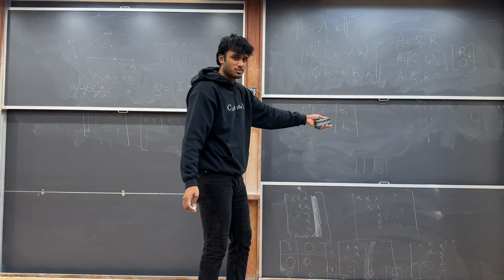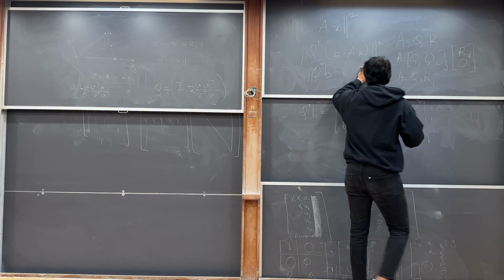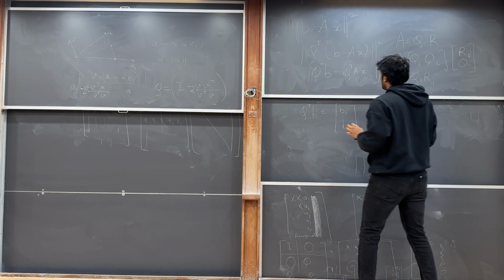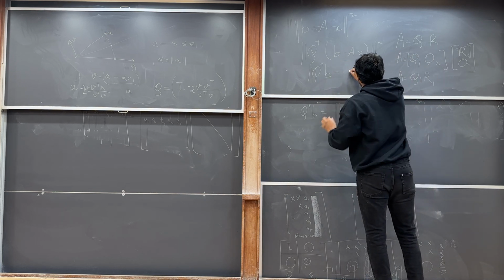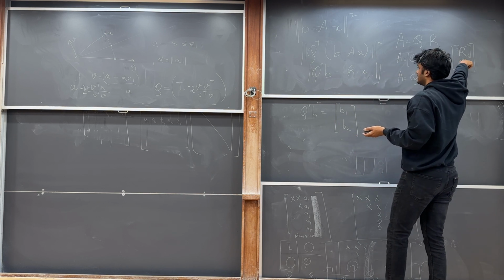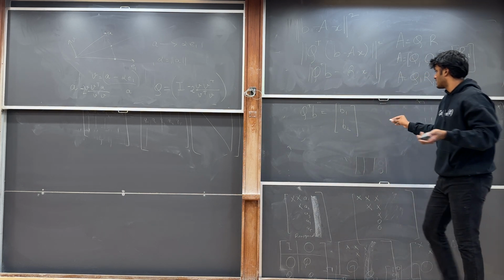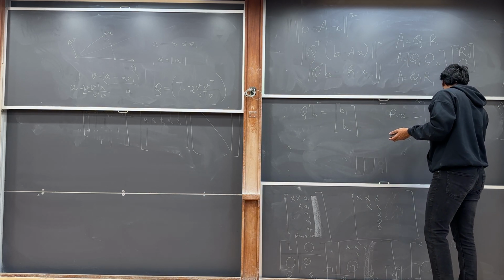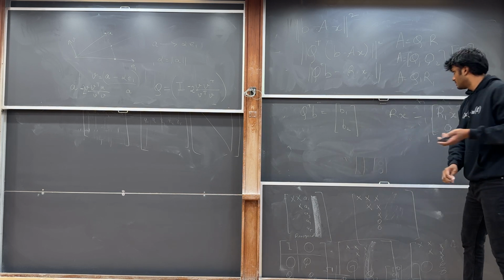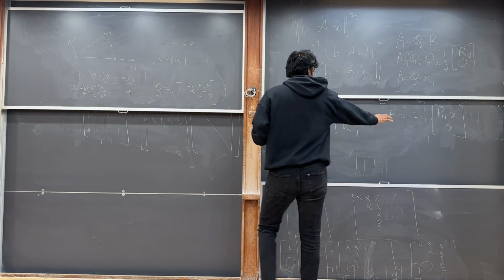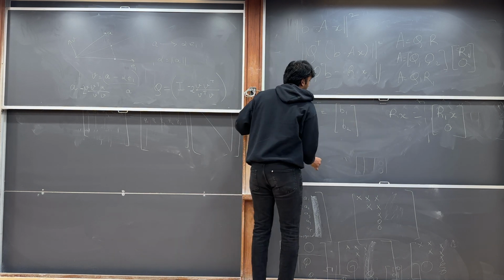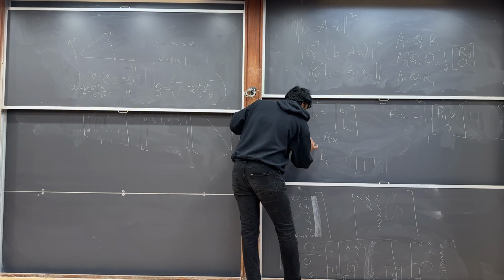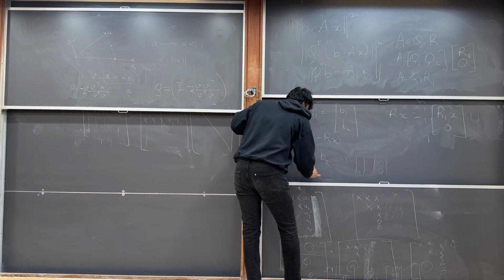I'm just multiplying Q transpose B with that, and I'm going to subtract Q transpose AX, where Q transpose A is just R, and because of this nature of R, Rx is just going to be R1x and 0. So Q transpose B minus Rx becomes B1 minus R1x and B2 stacked on top of each other in one vector.